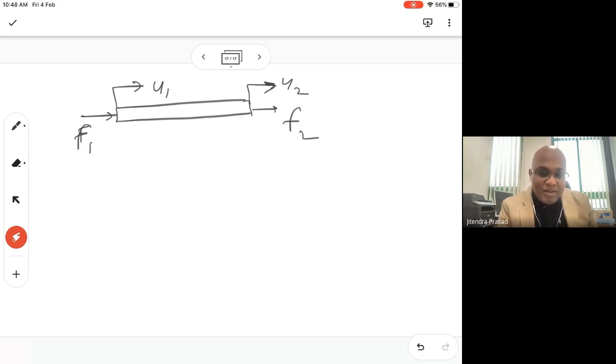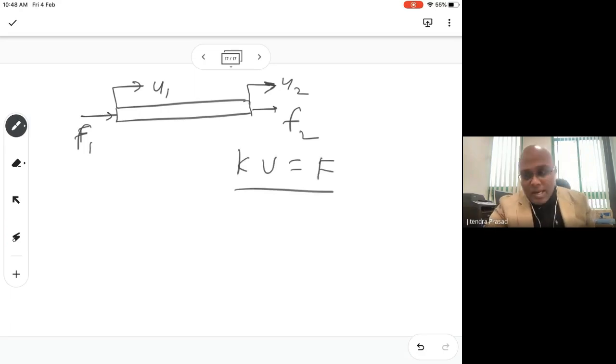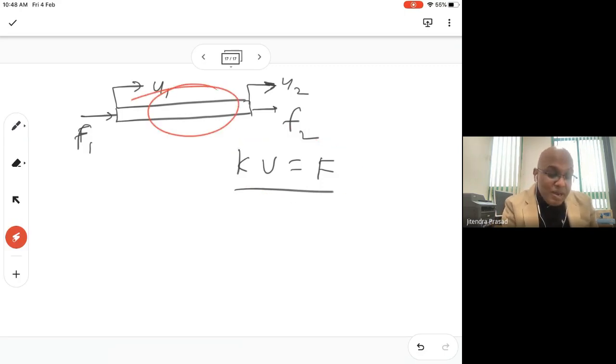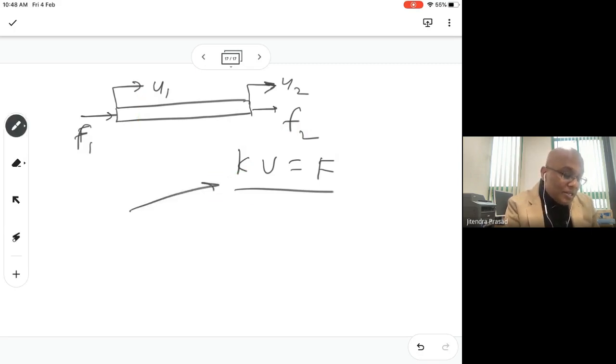There we will see that automatically it follows that we get some form Ku equal to F, so that we integrate whatever we learned so far. In chapter 2, we had Ku equal to F. Now we have equations. We will get the same form from the differential equation now.